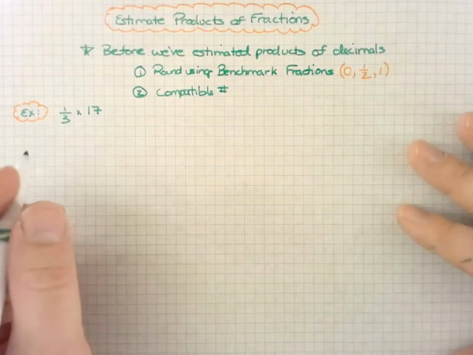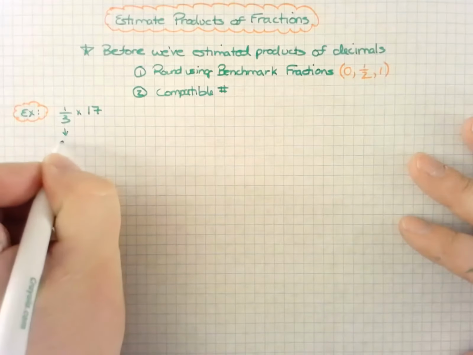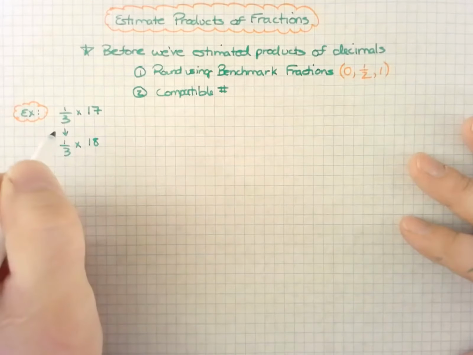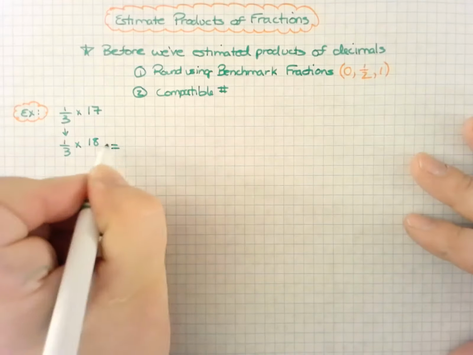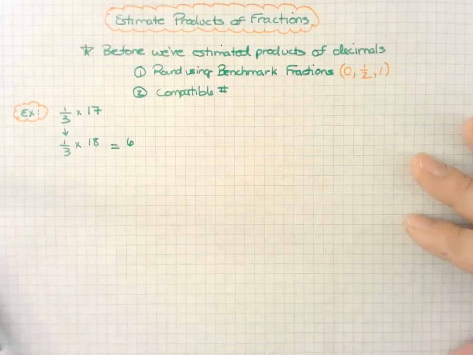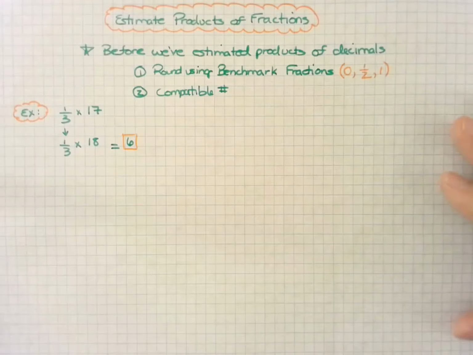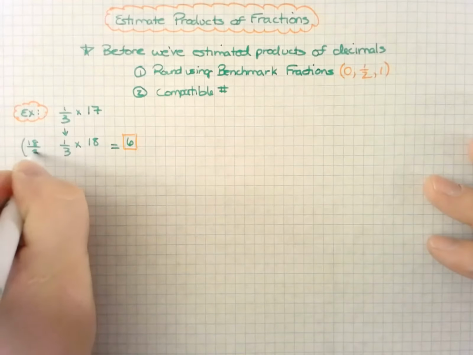So let's go ahead and make 17 a compatible number. I'm going to keep the 1/3 the same, and then I'm going to multiply by 18, because I know that 18 divided by 3 is equal to 6. And so yes, that's 18 divided by 3.